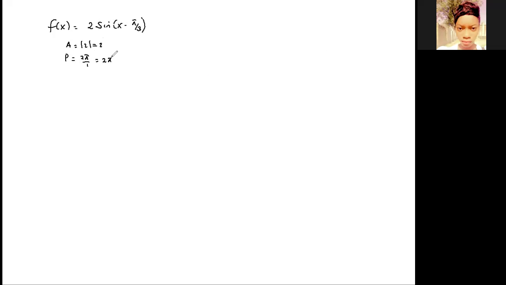The phase shift: x minus pi over 3 equals 0, so x is pi over 3. The vertical shift is 0. Then the scale is the period over 4.